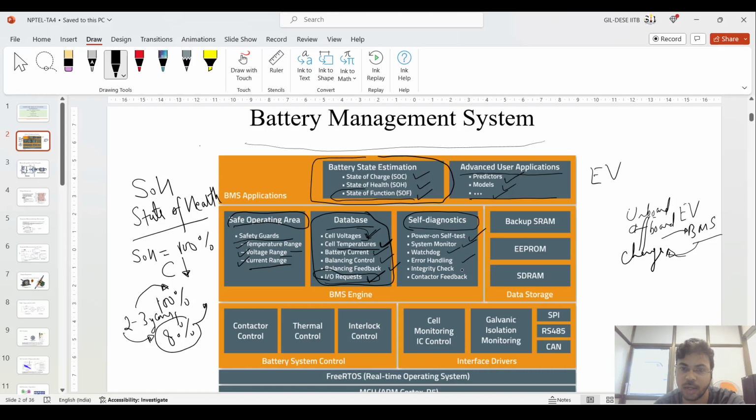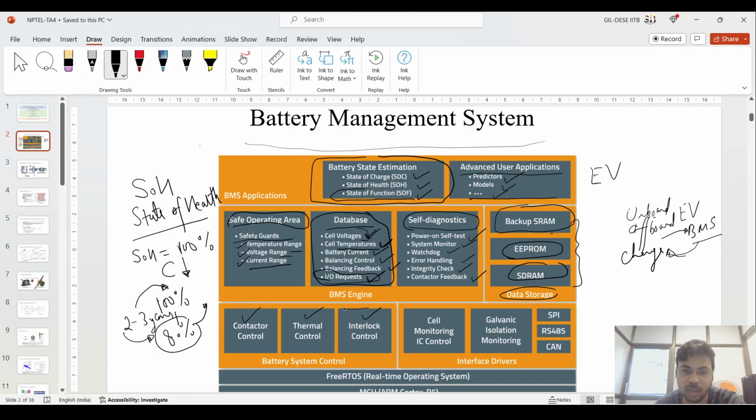It has certain parts such as the power-on self test, power-on monitor, watchdog, error handling, integrity check, contactor feedback. And the next is the storage system. Storage system is electrically programmable read only memory, EEPROM. So this kind of memory-based system is also there for data storage.